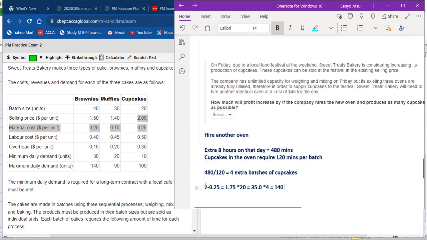So the extra contribution that the extra oven hired will give me is $140.